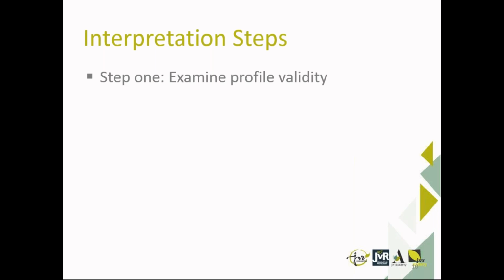This provides an indicator of candidates who respond to the assessment in an overly positive or an unusual manner. We are going to discuss this in more detail when I take you through the specific reports. So park that as a thought, and just know that your starting point when you interpret the results is to have a look at the profile validity.